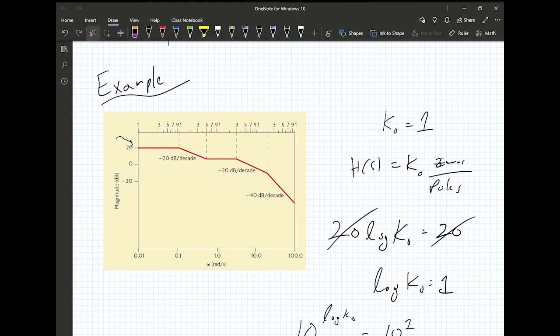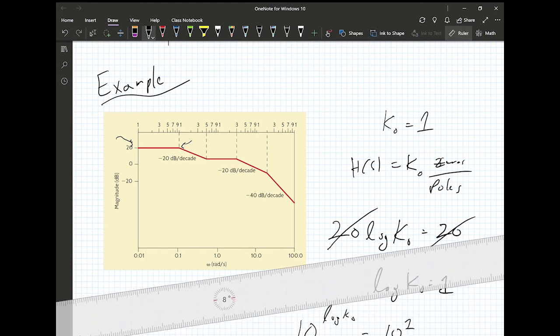The poles and the zeros are easy to determine from the Bode plot. So notice here we have a corner frequency happening where? Well, let me take the ruler.